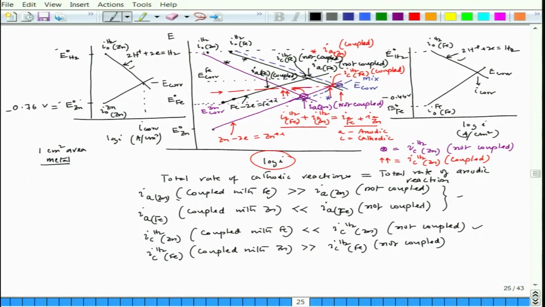And interestingly, those two not-coupled cases are shown here. This is again the mixed potential theory, because the total reduction rate should be equal to the total oxidation rate. So, here also this is matching. What is the cathodic reaction in both cases? This is the cathodic reaction, so the cathodic reaction is preferentially taking place.